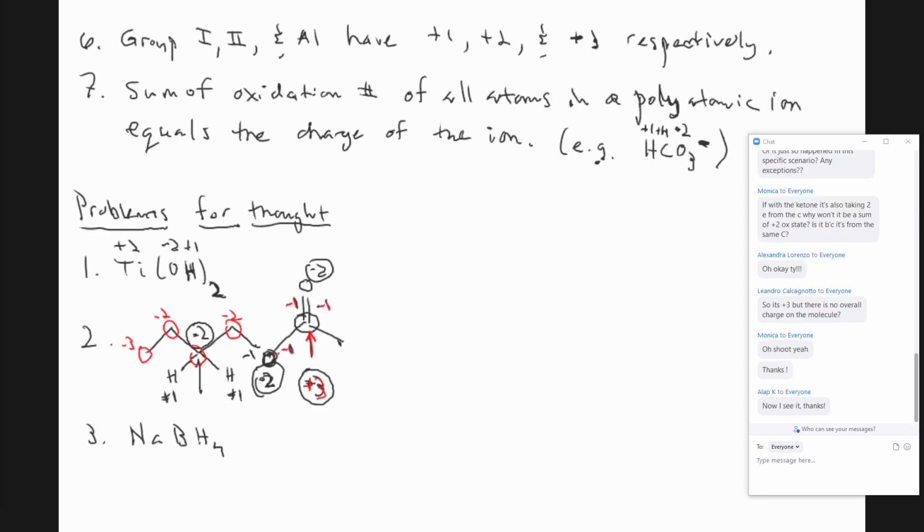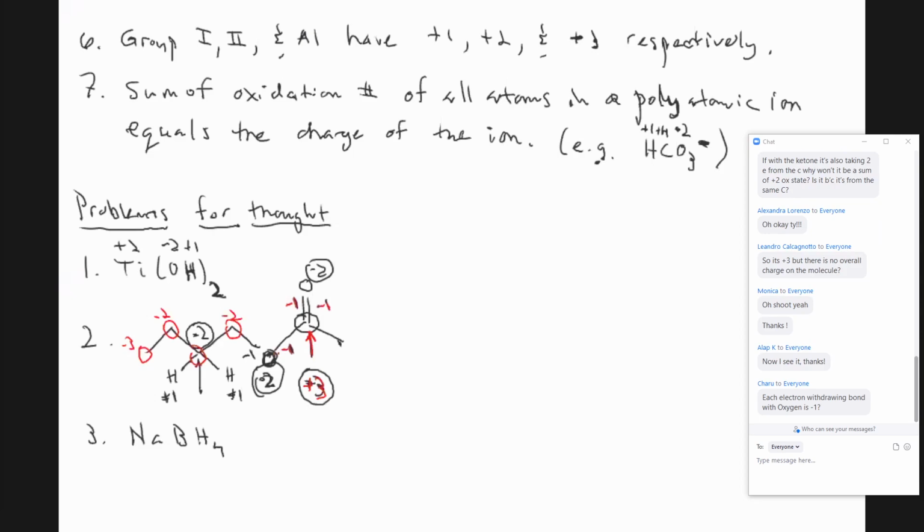This is electronegativity pulling electron density towards itself. These are all creating dipoles. Correct. Each electron withdrawing bond with oxygen is a -1. Cool.